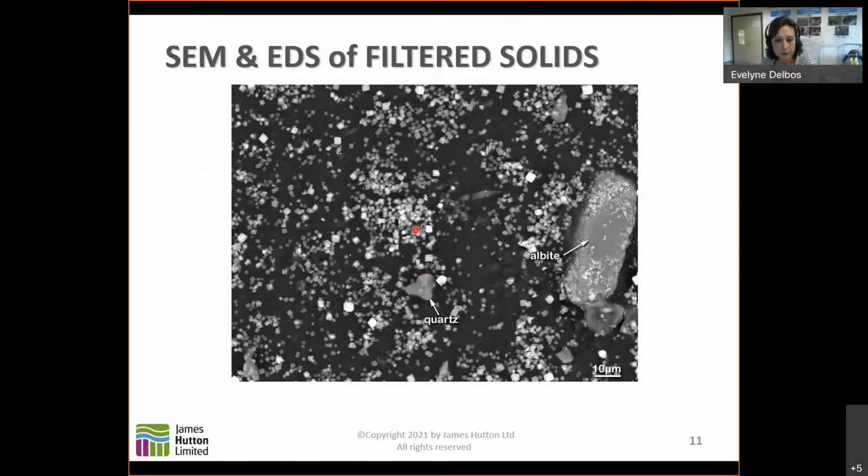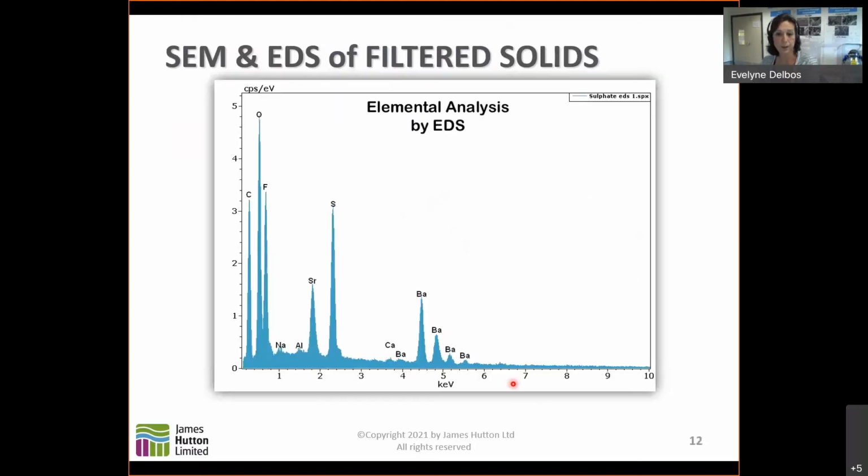But we are most interested in this case about these tiny little particles here, which by EDS analysis, the elemental composition gives us barium, strontium, sulfur, oxygen, and we're making abstraction of the fluorine and carbon in this case, because it really basically comes from the membrane that has been mounted at the same time with the sample.